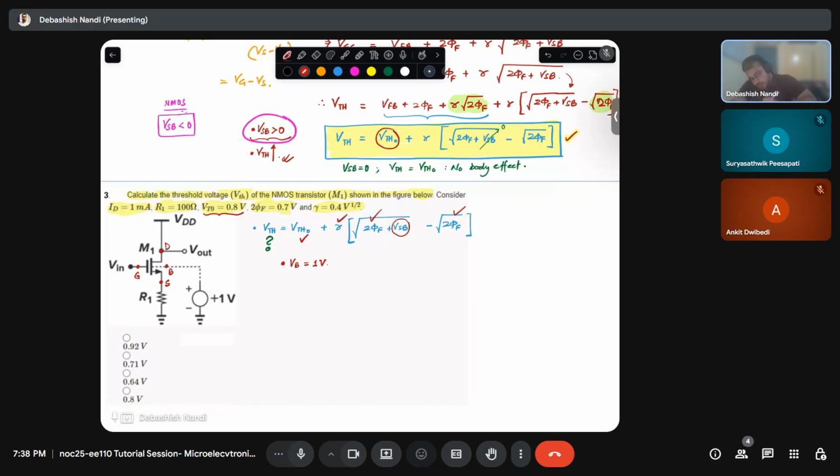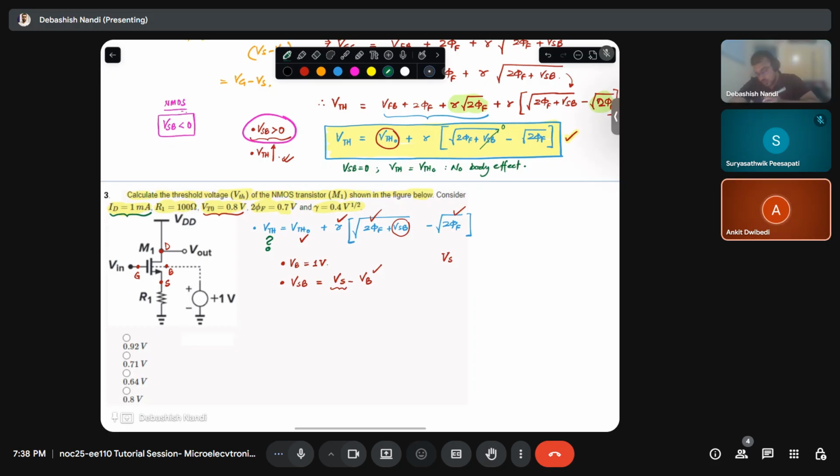We'll see. So what is VS? I need to know VSB is equal to VS minus VB. VB I know. I need to calculate VS. How can I calculate VS? You see this ID, where will the ID flow? Where does the drain current flow in an N channel MOSFET?